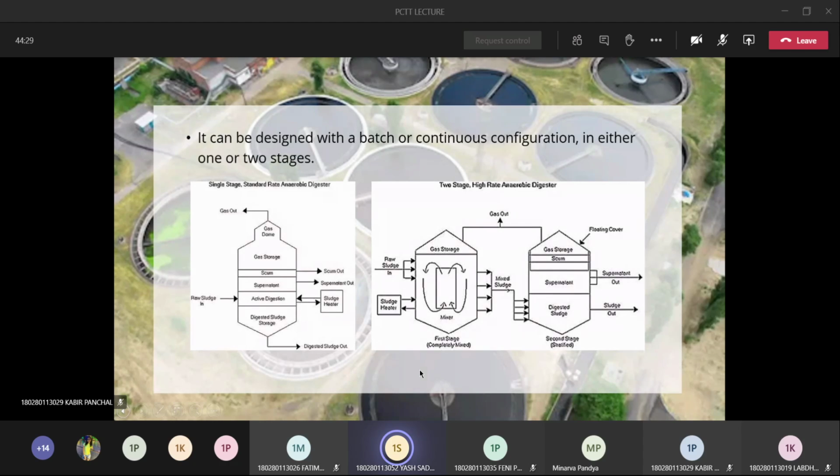Then after the residence time, it goes to the second tank, where the mixture is allowed to undergo further digestion. There is no longer active mixing in order to promote separation, and there is no need of heating as the process generates its own heat. Then after the digested sludge is produced, it is then taken from the bottom and gas from the top. Next slide.